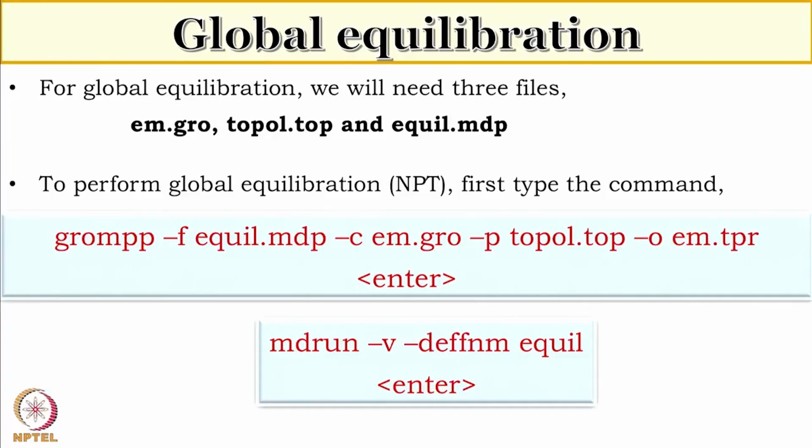Then -o equil.tpr. After I get my equil.tpr file, I will run mdrun -v -deffnm equil. It will create all files with the starting name equil. I'll need the GRO file for my next step.